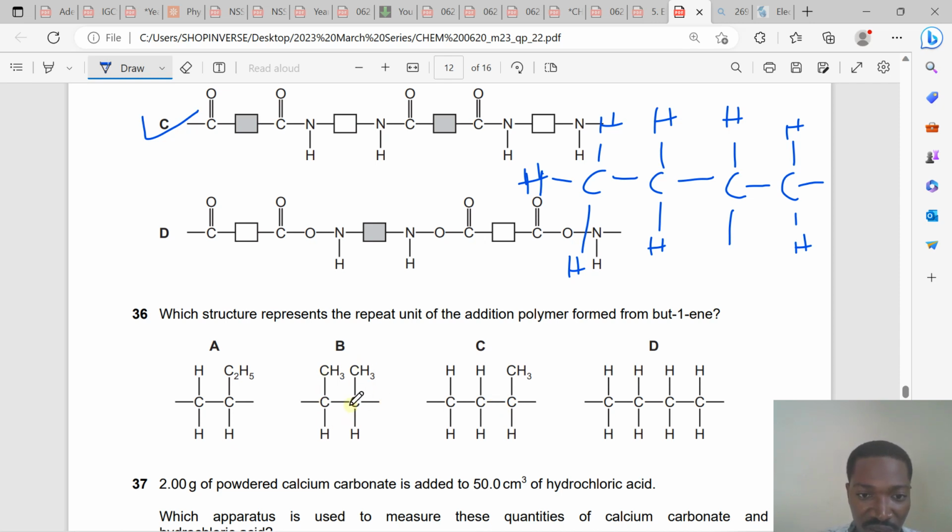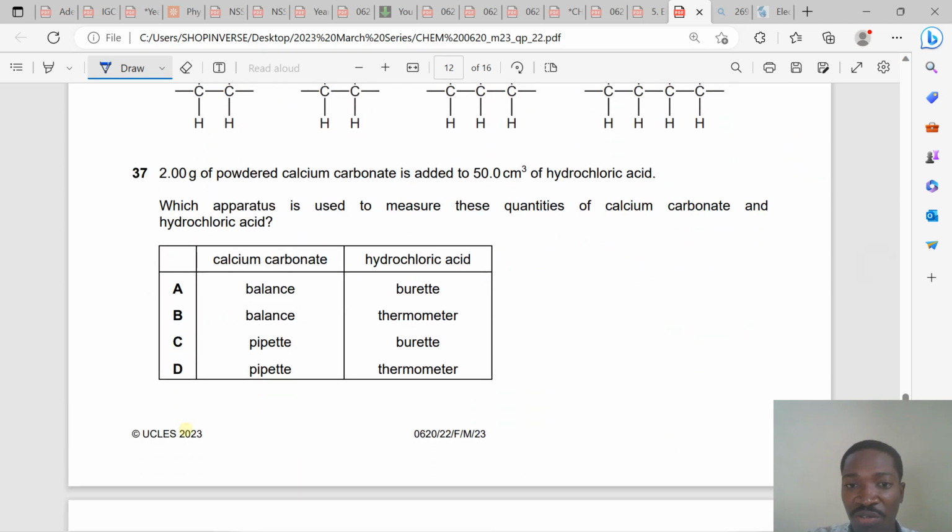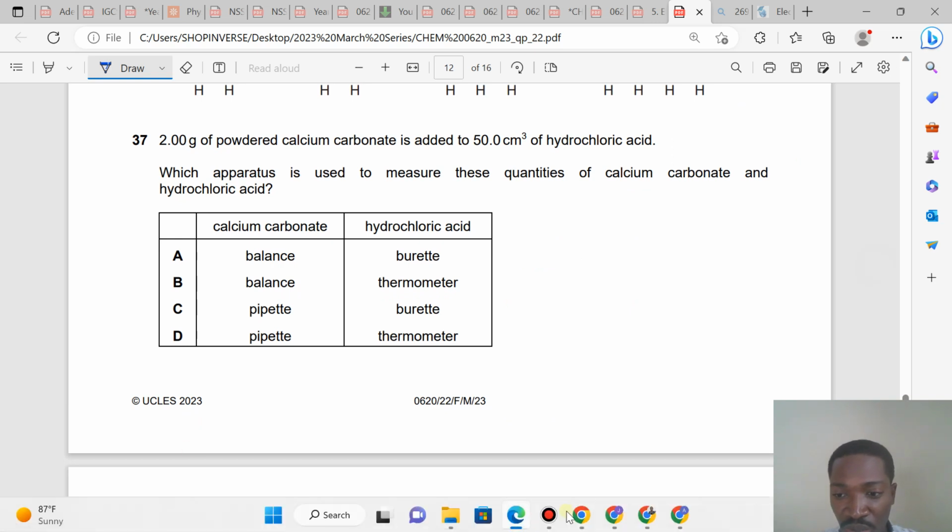No, no. This one is at the edge, this one is at the edge. These two are the extreme edges. So this is the only one that matches that description. We pick option A for question 36. We go straight to question 37.